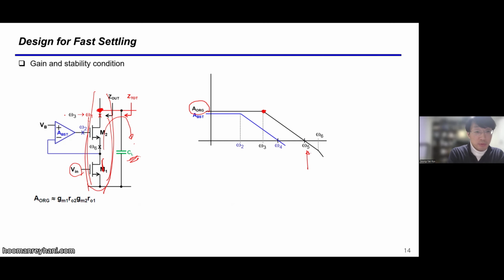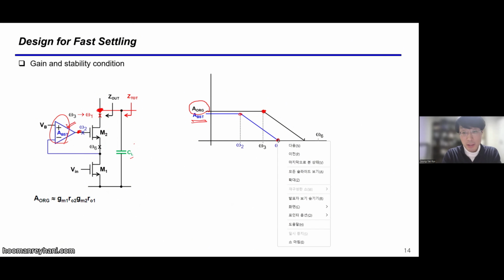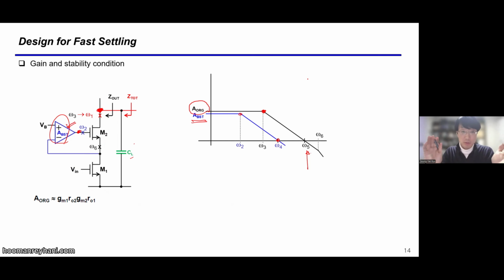And a boosting amplifier has a gain, as shown here, A boost. And the dominant pole is, let's assume that it is a single stage amplifier, which we usually use. Its dominant pole is there, and this amplifier's unity gain frequency is here. Let's first begin with that.